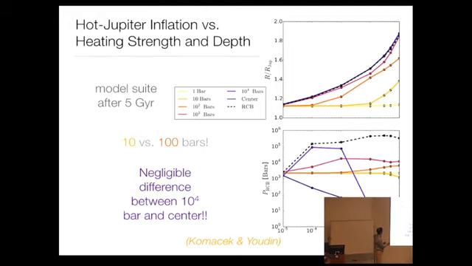And again, we see this huge jump between the 10 and 100 bar levels. Then perhaps even more surprisingly, we see that depositing at 10 to the 4 bars, which is outside most of the mass of the planet, is almost completely indistinguishable in evolution from putting the heat directly at the center of the planet. That was quite surprising to us.